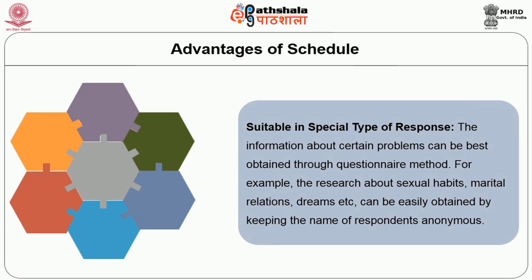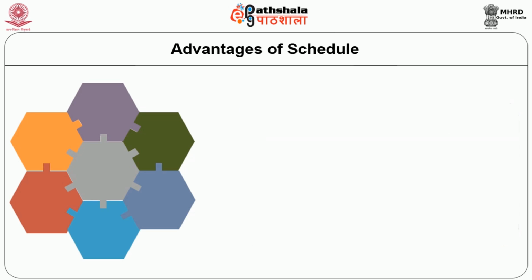Suitable in special type of response. The information about certain problems can be best obtained through the questionnaire method. For example, research about sexual habits, marital relationship, dreams, etc. can be easily obtained by keeping the names of the respondents anonymous.